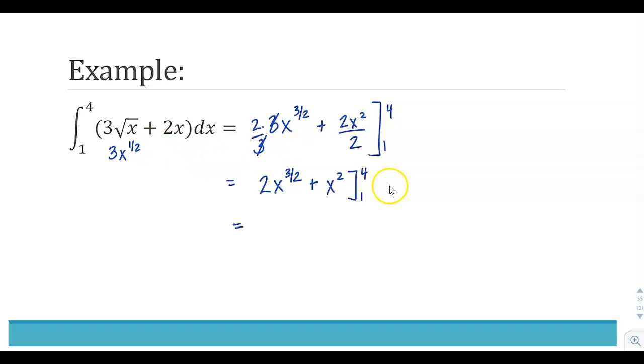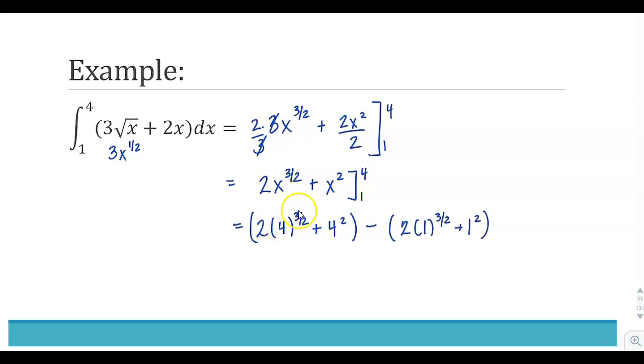And I substitute in 4 into each x, into the entire antiderivative. So 2 times 4 to the 3 halves plus 4 squared. All of that minus substituting in 1, 2 times 1 to the 3 halves plus 1 squared.